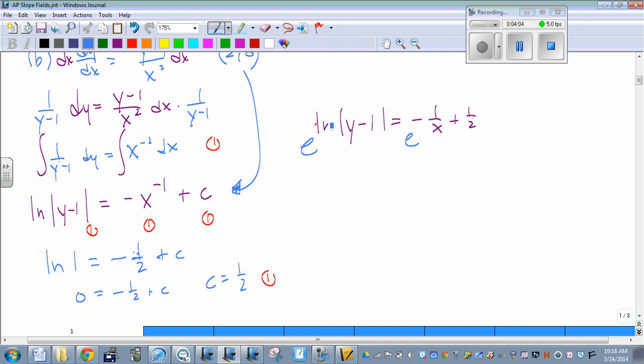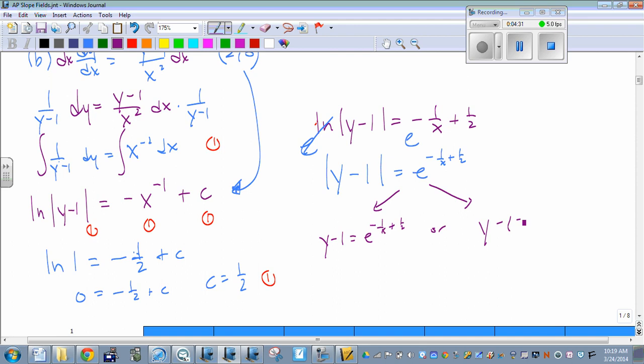Those are inverses, so they cancel out, and we get absolute value of y minus 1 equals e to the negative 1 over x. Oops, and then plus 1/2 is still up in the exponent there. We need to remember, though, with absolute value, our answer could be positive or negative. So we get 2 possibilities here. y minus 1 equals e to the negative 1 over x plus 1/2. Or y minus 1 equals negative e to the negative 1 over x plus 1/2.